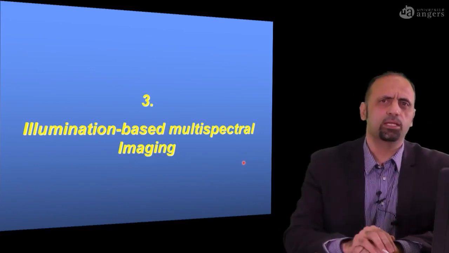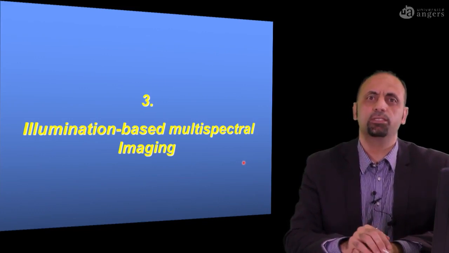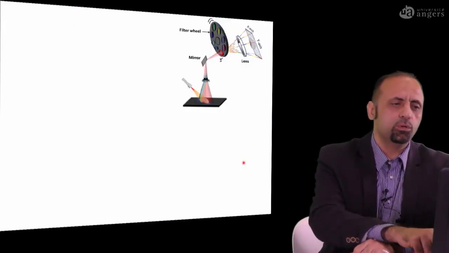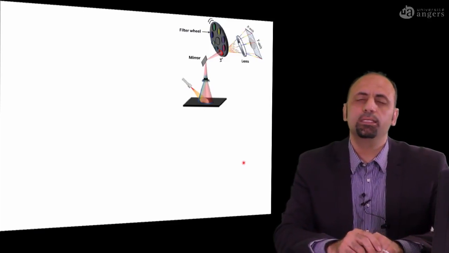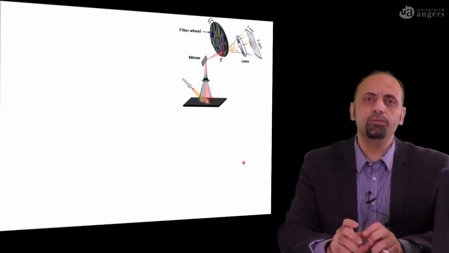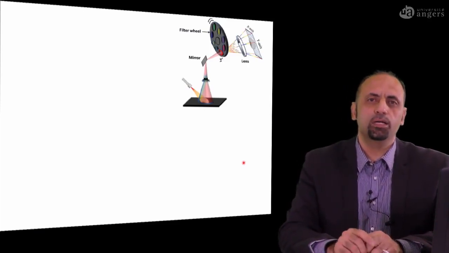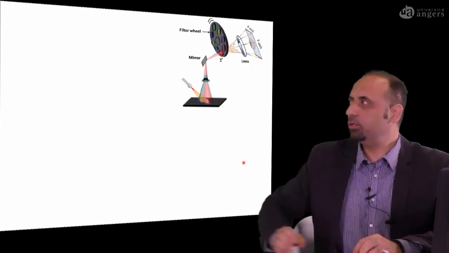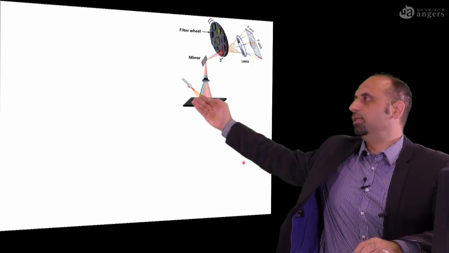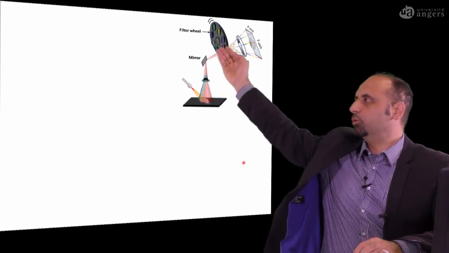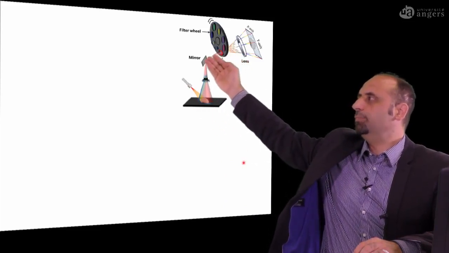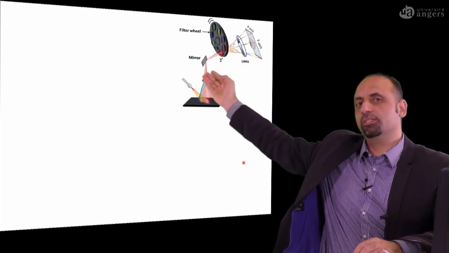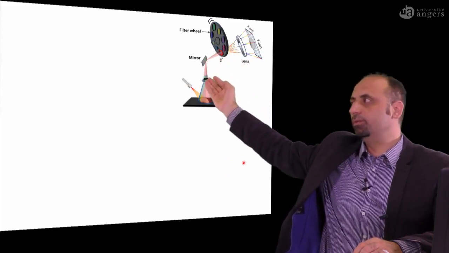Just to go back to the second session of this series of lectures, we spoke about area scanning or wavelength scanning to acquire multispectral imaging. If you remember, in this scenario, we use light and then we use a filter wheel. The filter wheel is equipped with filters at different wavelengths.